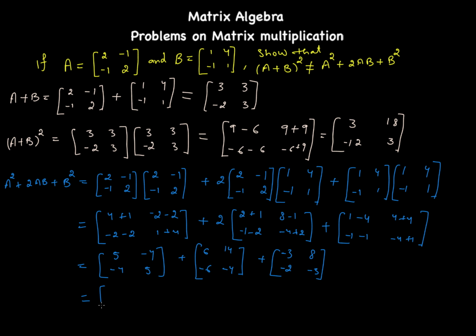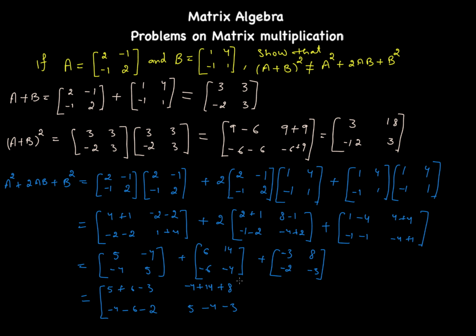So let me write it down. 5 plus 6 and -3, this is my first element, then -4, -6 and -2, then -4, 14, 8, and here I got 5 and -4, -3.